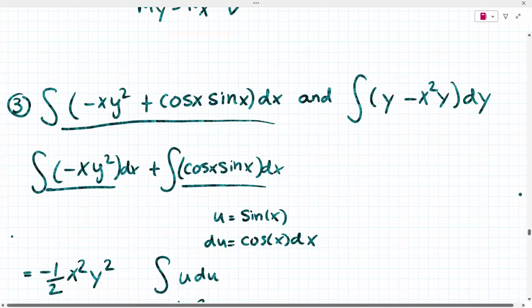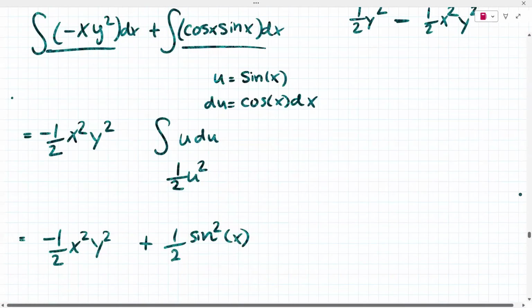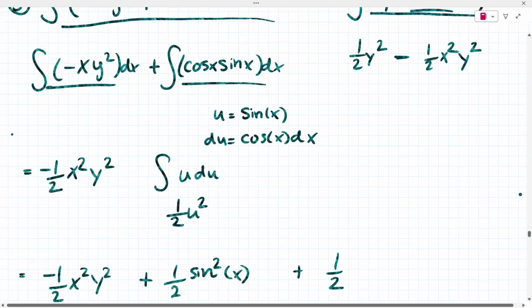Now let's do this. We're taking the integration with respect to y. So the integration of y with respect to y is 1/2 y squared minus the integration of this whole thing, negative x squared y would be negative 1/2 x squared y squared. You bring that down.